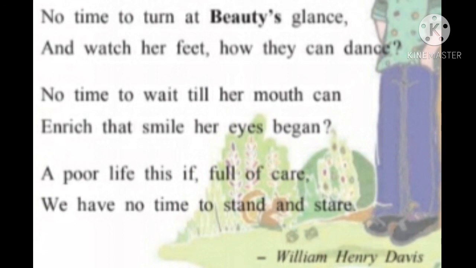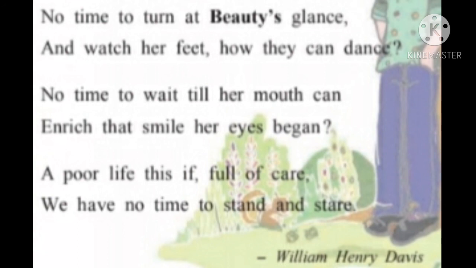Rhyming words from this couplet are can, began. The rhyme scheme of this couplet is FF. The second line of this couplet is an example of interrogation because a question is asked by the poet to give a greater poetic effect.